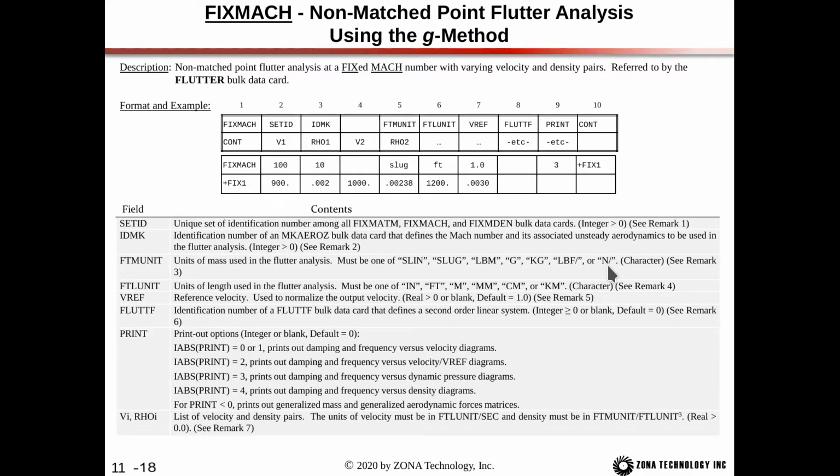Similarly, for the SI units, if my length unit is meter, and then N slash is my mass unit, that means my units of force will be newtons, so my mass unit would be kilograms if my length unit is meters. On the other hand, if my length unit is millimeters, which is quite common, and my force unit is newtons, then my resulting mass unit would be tons.